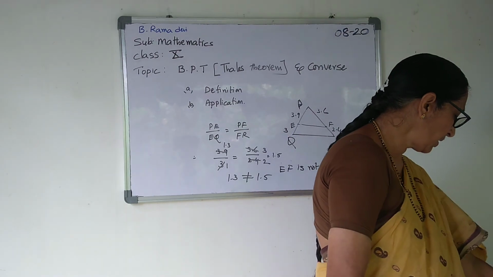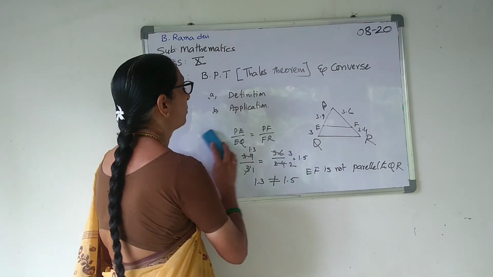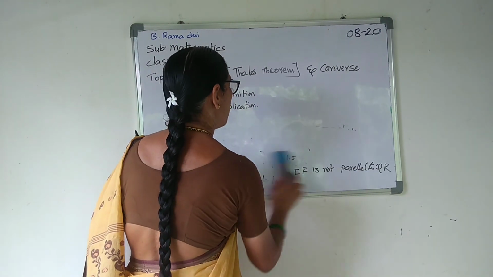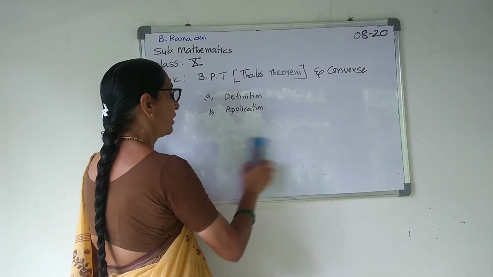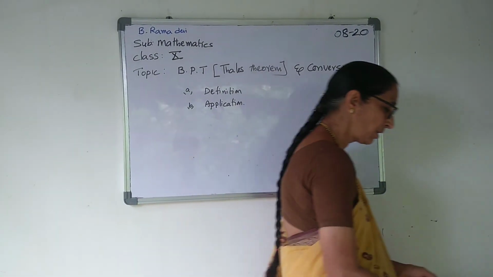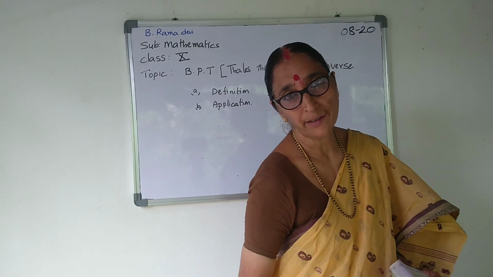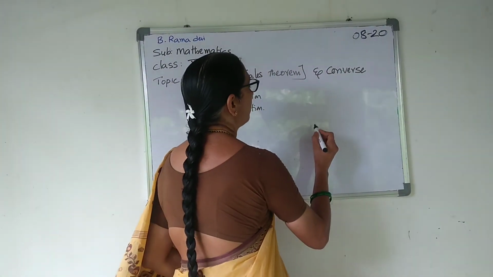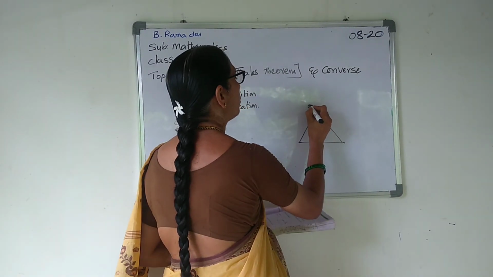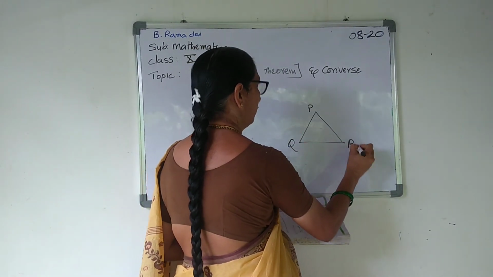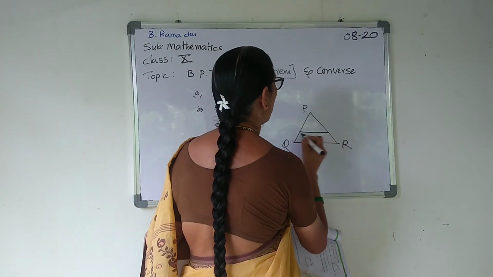In the second case, now look at the second problem. Take the measurements and check whether EF is parallel to QR or not. Take the triangle PQR and EF.